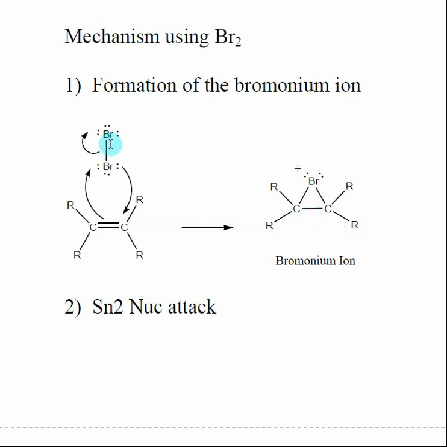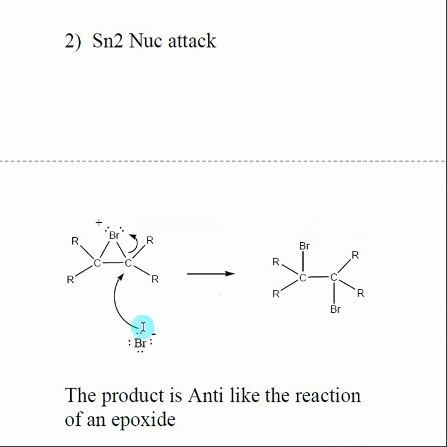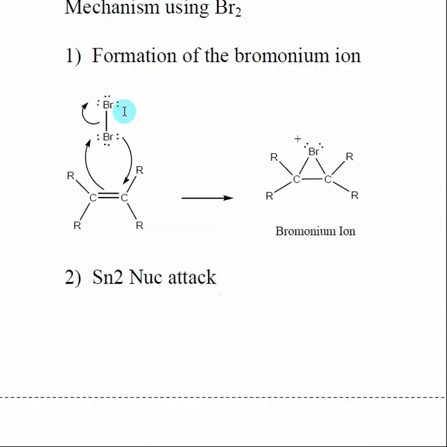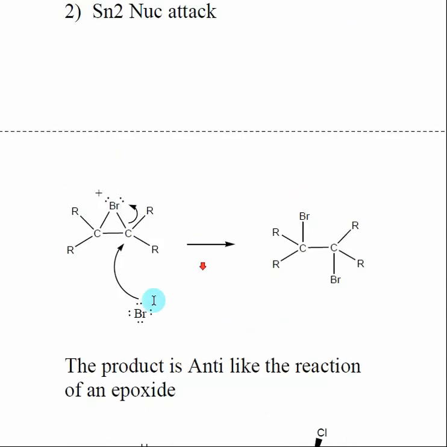Remember, from here we popped out a bromine, Br minus. Halogens are good nucleophiles, and so we're going to get a type of SN2 attack in the second step. The bromide that we created, which came from the bromines breaking apart, can come in and attack this 3-membered ring, and it's actually a type of SN2 nucleophilic attack. The bromonium makes a good leaving group, and this bromide comes in and attacks.